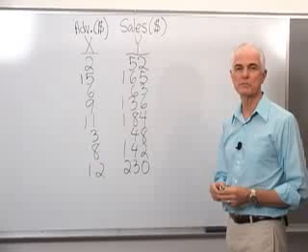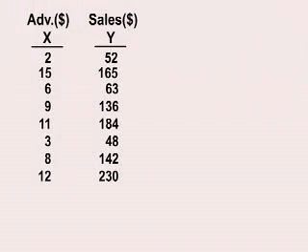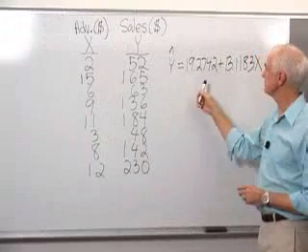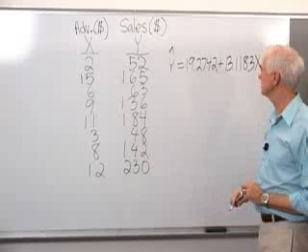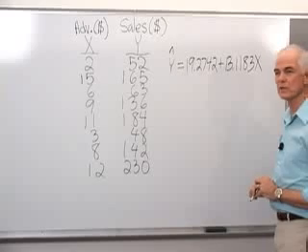Using the computer, we performed a regression analysis on these data, and the resulting regression equation is y hat equals 19.2742 plus 13.1183x. The y-intercept is 19.2742 and 13.1183 is the slope of the regression equation.